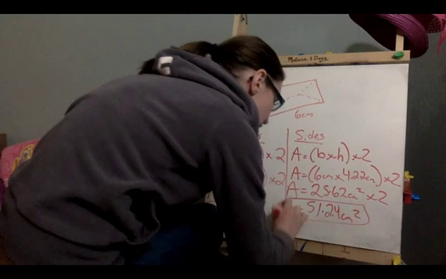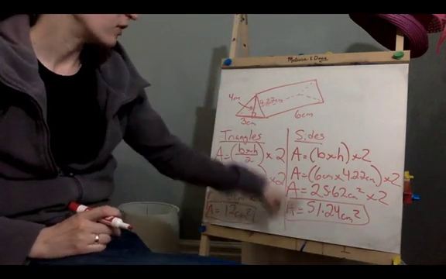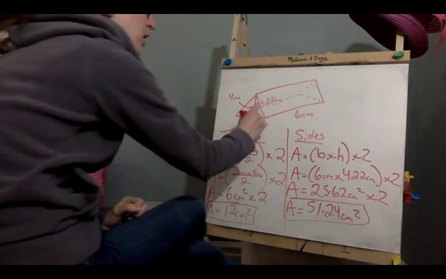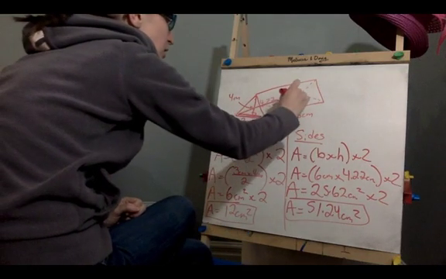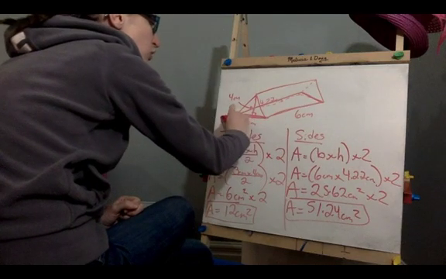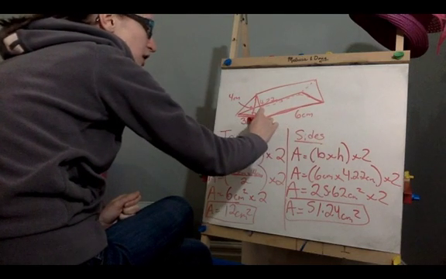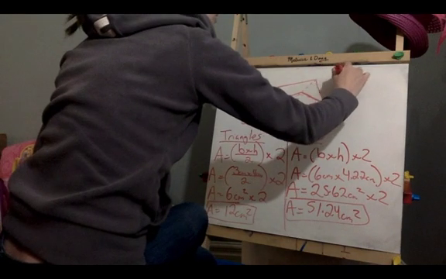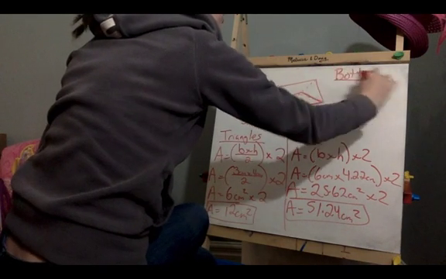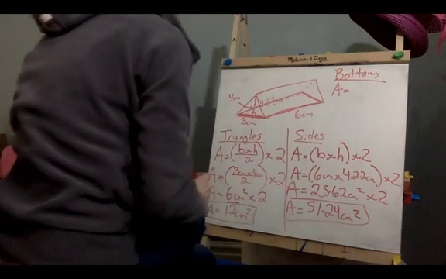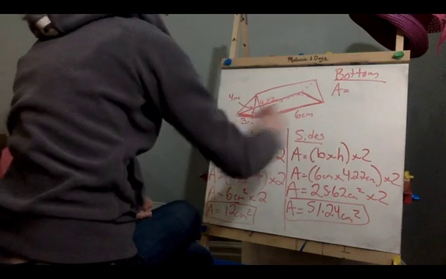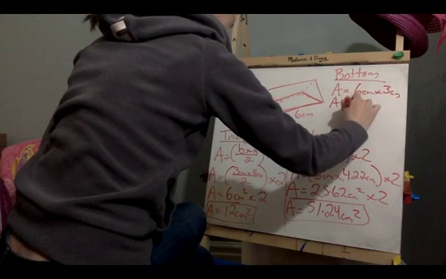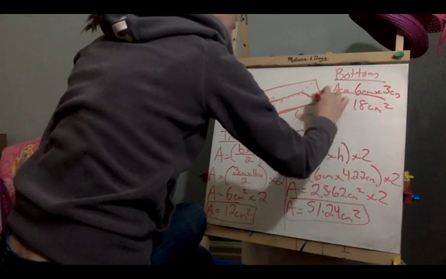Okay? So there's my two triangles, there's the two slanted rectangles, and now I have a rectangle along the bottom, okay? So in this rectangle along the bottom, those dimensions that I've just traced are a length of 6 centimeters and a width of 3 centimeters. So the bottom is just a single rectangle, so no doubling, and it's just 6 times 3, which would give me 18 centimeters squared.